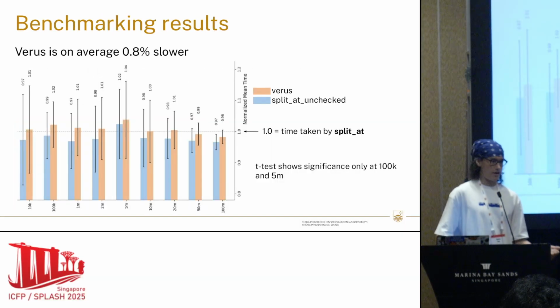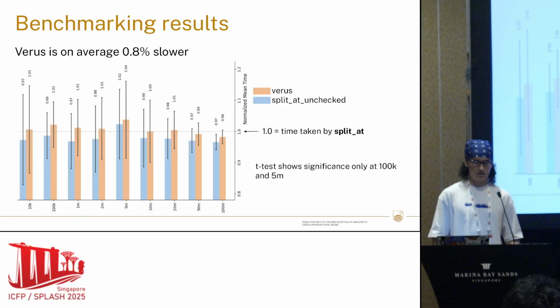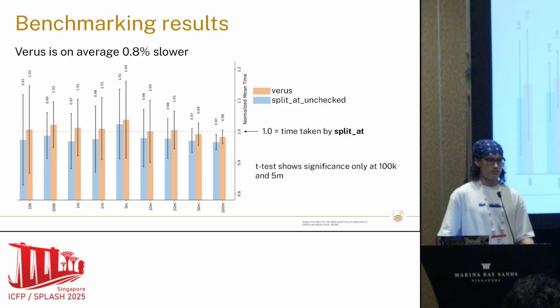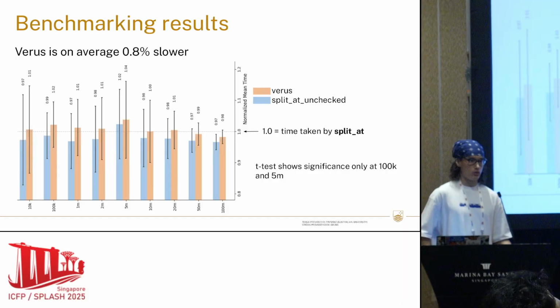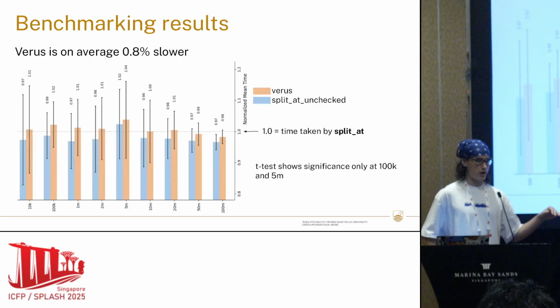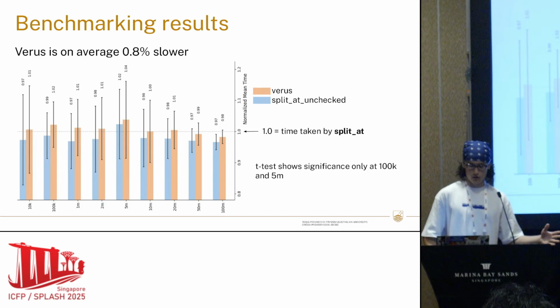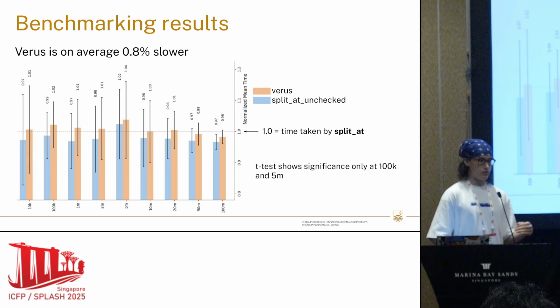We are the same, I should say. We are 0.8% slower. A bit surprising. So what's the diagram about? 1.0 is the time taken by the split_at algorithm, the baseline algorithm that we are comparing to, the runtime checked version. Verus is the verified version.